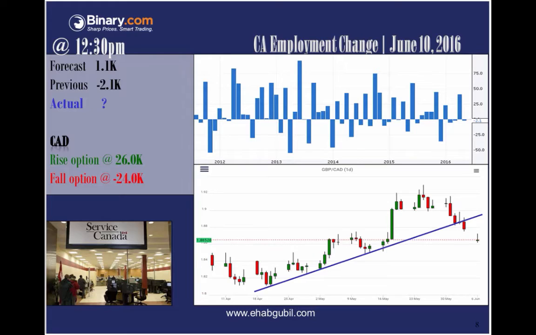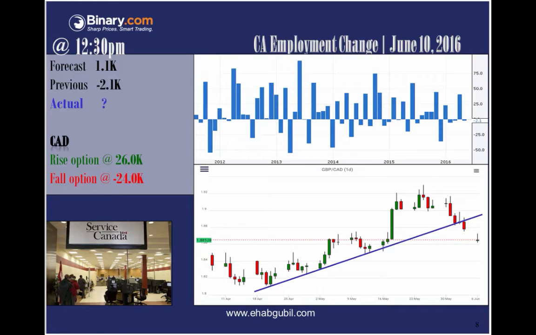What I am looking for is a minimum deviation of around 25,000. Deviation is the difference between the forecast number, that's 1,000, versus the actual release number. If we get a positive 26,000 release, we should see demand for the Canadian dollar rise.